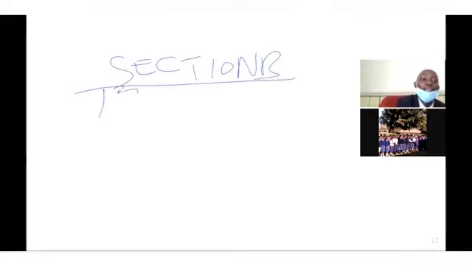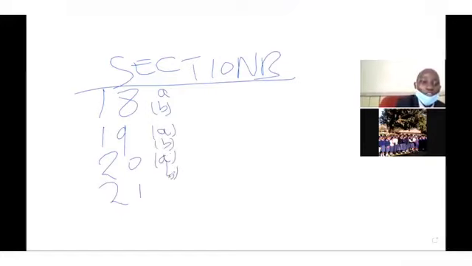For section B and C, section B usually has question number 18, 19, 20, 21, each with A and B, A and B, A and B, then A and B. Here, you are supposed to answer any 3 questions.